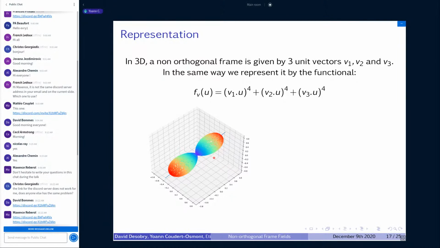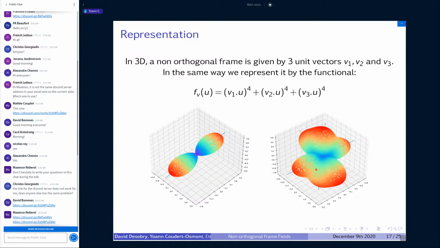And the color depends also on this value. Then the directions where the color is red and where the radius is large are directions where the functional has a high value.